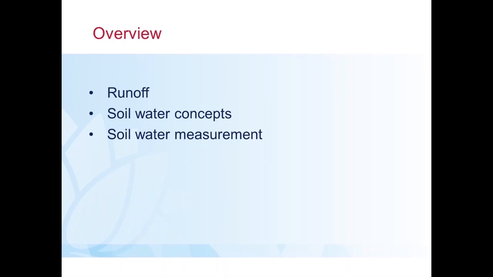I'll have a bit of an overview of some of the soil water concepts. I've just called them soil water concepts, but it's really about what is soil moisture, what is plant available water, and some of the parameters that change or influence the soil water holding capacity.